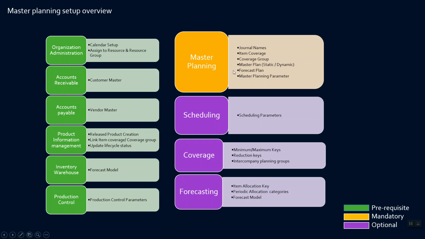Without these you cannot carry out the master planning flow. Whereas these are some prerequisites, because some are master data, some are production setup, some are organization level setup, some are release product level setup. So the master plan also depends on these prerequisite setups. This is the bifurcation of master planning setups.